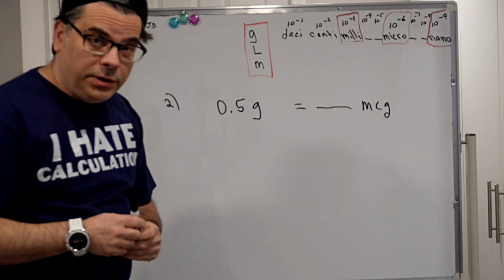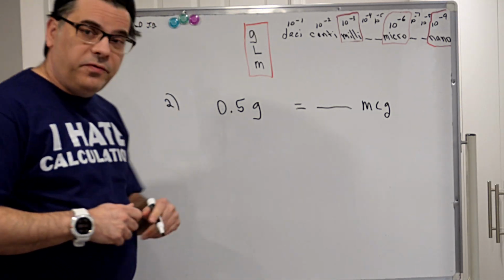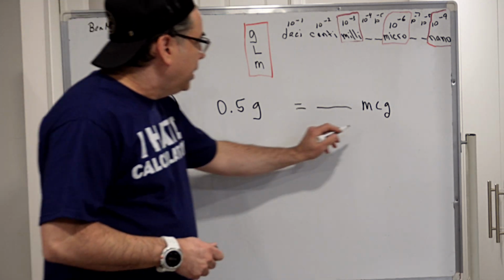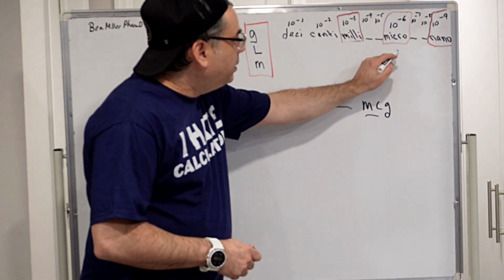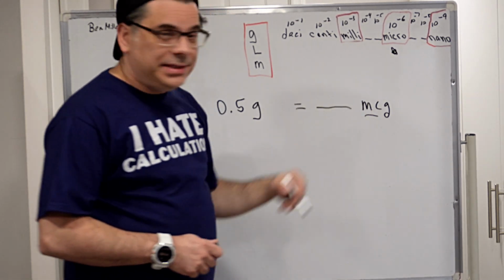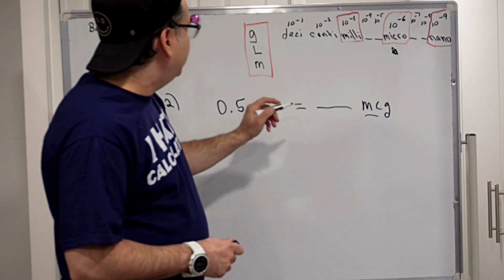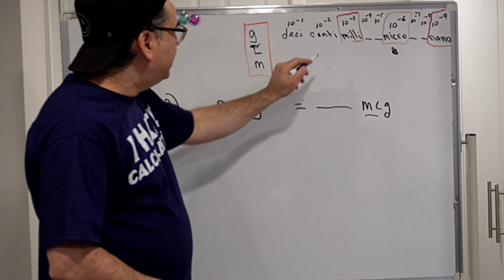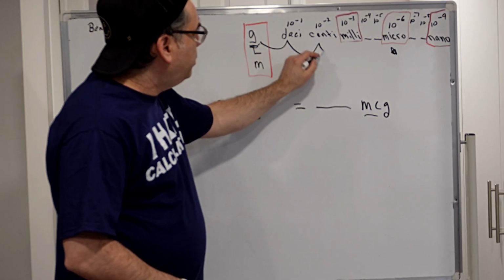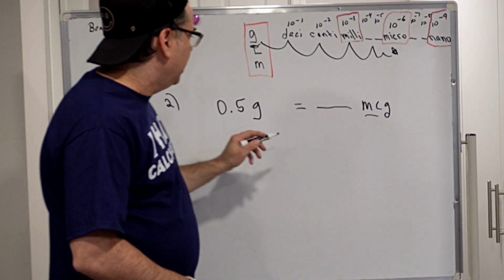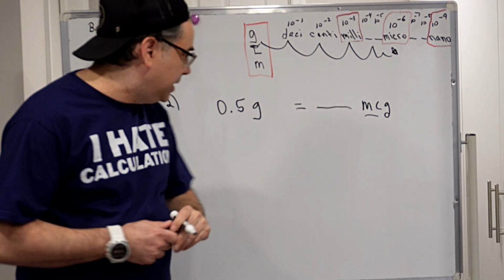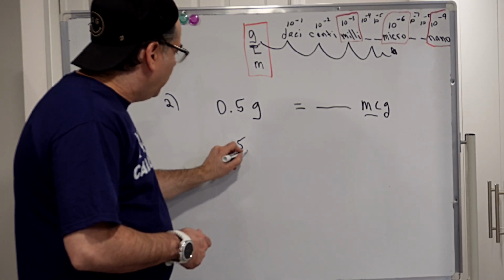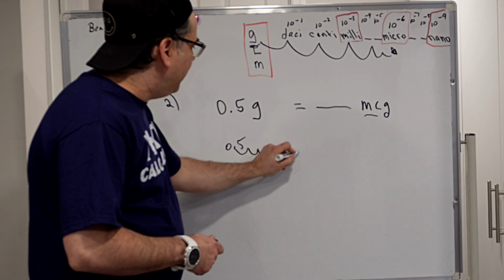Alright, let's do question number 2. We have 0.5 grams is equal to how many micrograms? So again, let's find micro. Micro is over here, 10 to the minus 6. And we want grams. So we're going from grams to micro. 1, 2, 3, 4, 5, 6. So we're going to move it 6 spaces. 0.5, 1, 2, 3, 4, 5, 6.